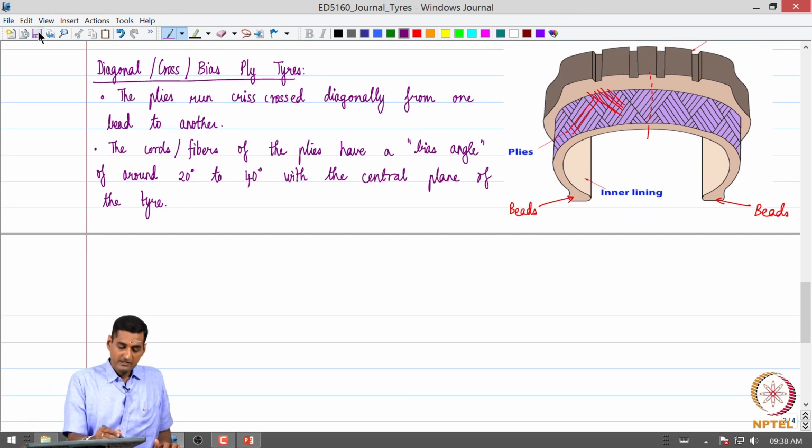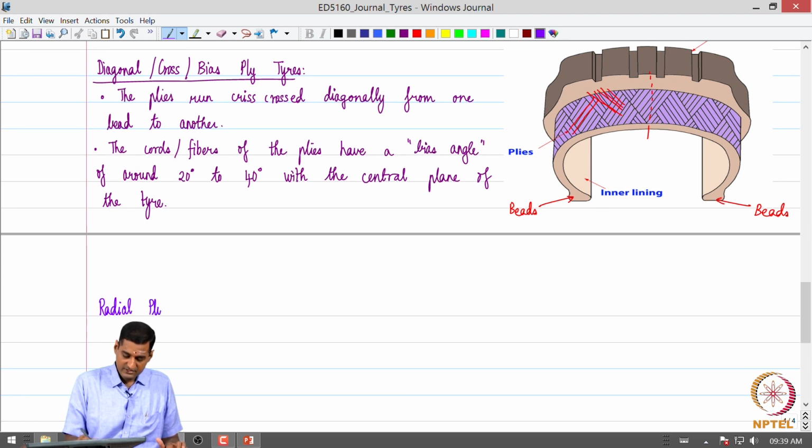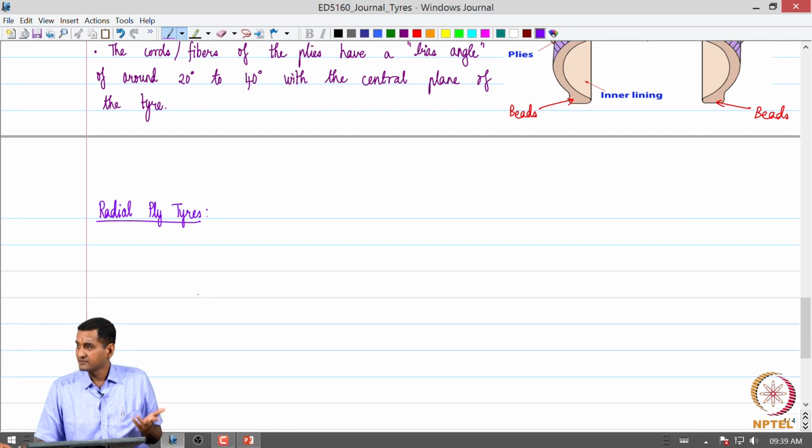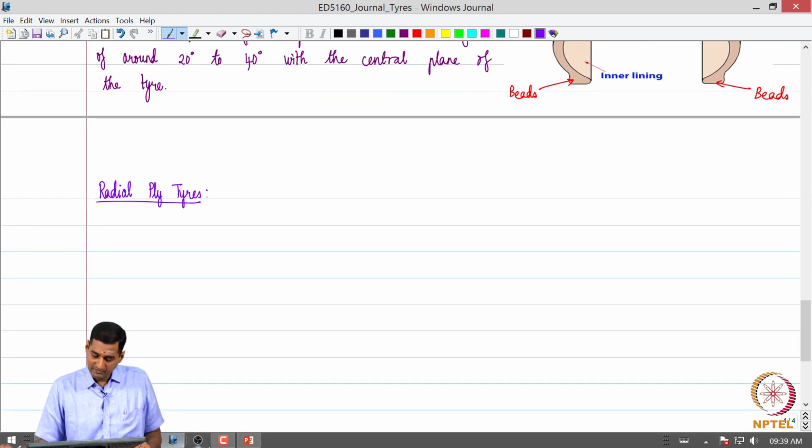Today, if you look at most automobiles, the design which is very popular and commonly used is what is called a radial tire, or the term radial tire is commonly used to denote a radial ply tire. So what is a radial ply?